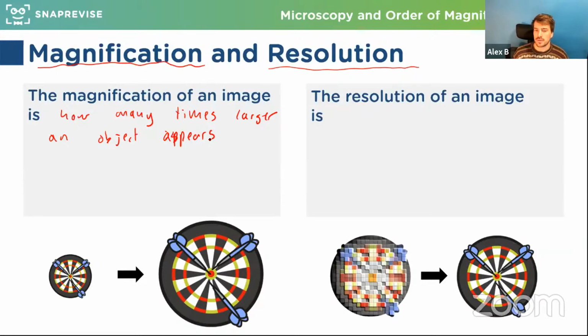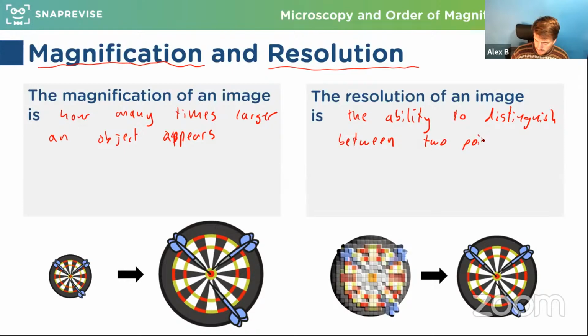If you don't have a good resolution, you can't really see anything, and that's because you can't distinguish between two points. That's kind of how we actually define it. So it is the ability to distinguish detail, distinguish between two points and see them as separate.